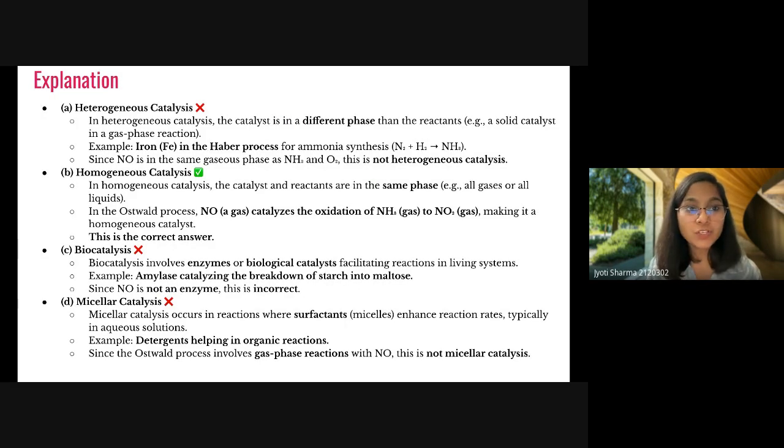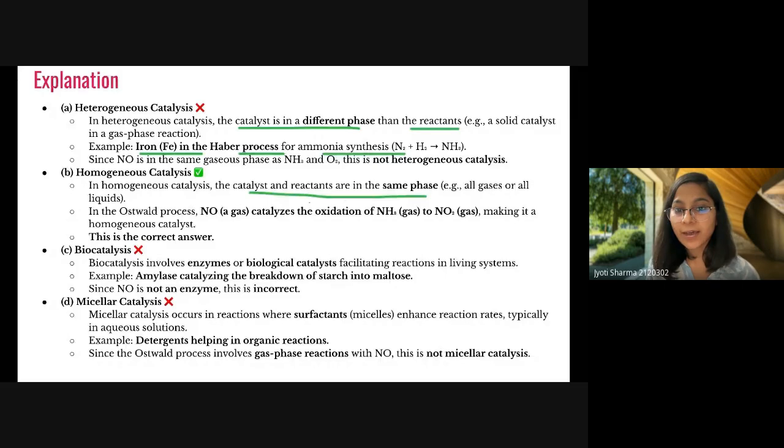Here is the explanation. For heterogeneous catalysis, the catalyst is in a different phase than the reactant. For example, we need iron in the Haber process for ammonia synthesis. Iron is in the solid phase, but N2 and H2 are in the gaseous phase. In a homogeneous reaction, the catalyst and reactant are in the same phase, so either all gas or all liquid.